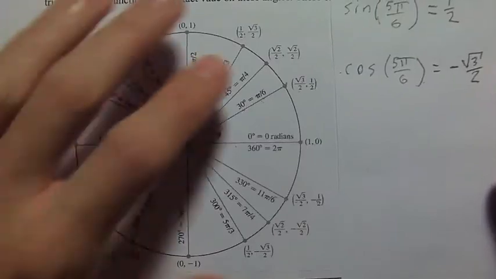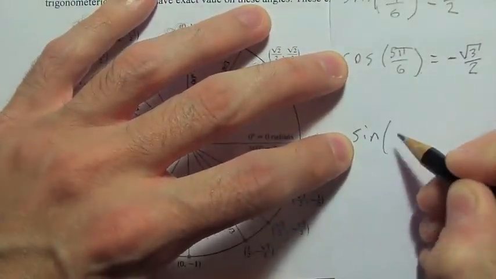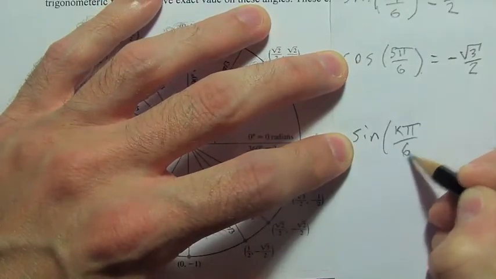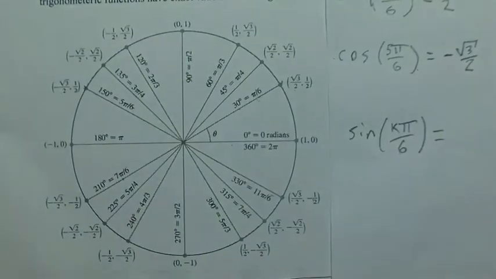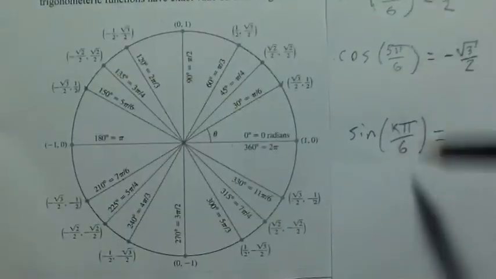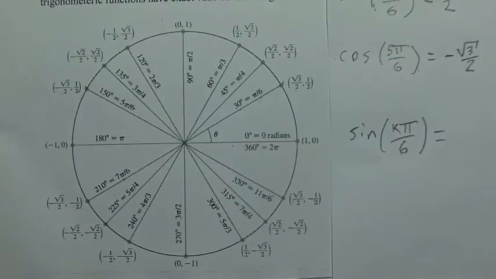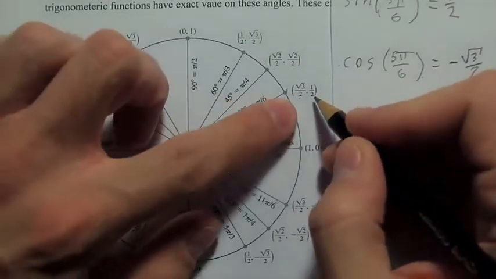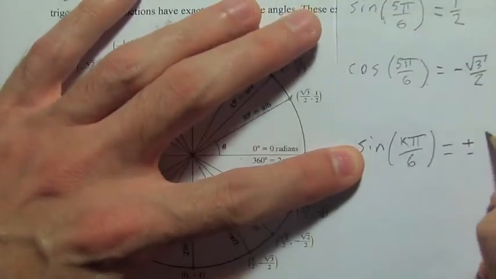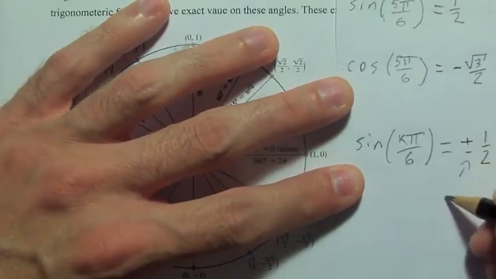In other words, I'm going to write it like this: sine of k pi over 6, assuming k does not divide evenly into 6 to make something else. If it's a something pi over 6 in its simplest form, this has to be, based on what we know, plus or minus 1/2, and which one it's going to be is based on the quadrant.